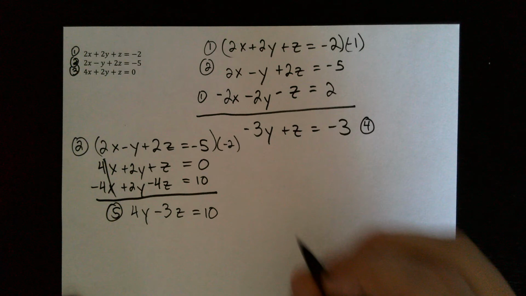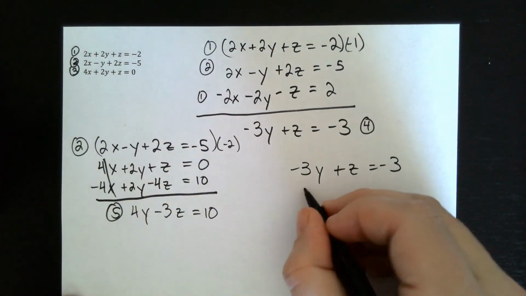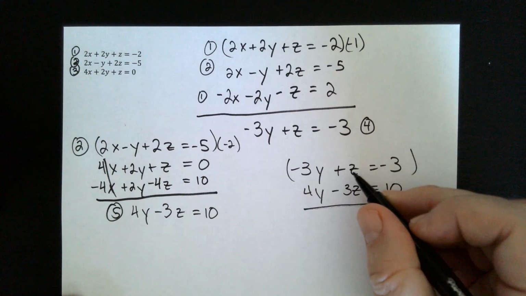Okay, so now I take equation 4 and 5, put them on top of one another and see what I can do with that. So here we go, equals negative 3, and then we have 4y minus 3z equals 10. Positive 3z and that one into negative 3z.